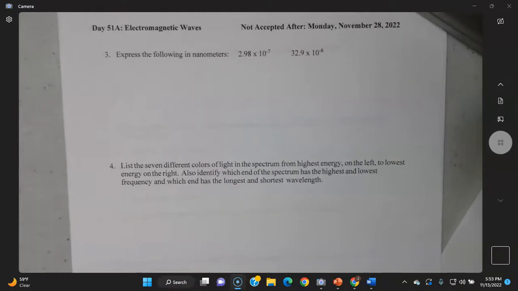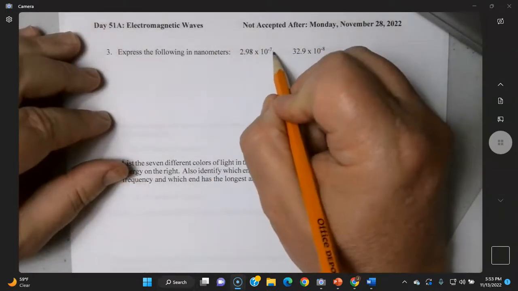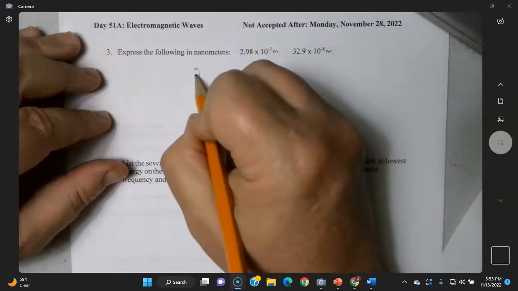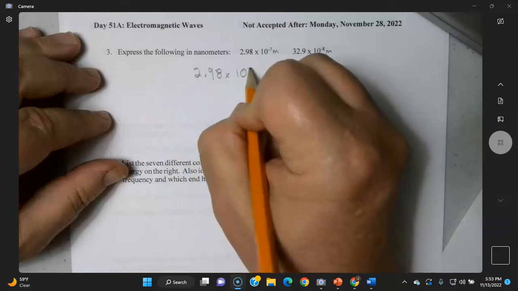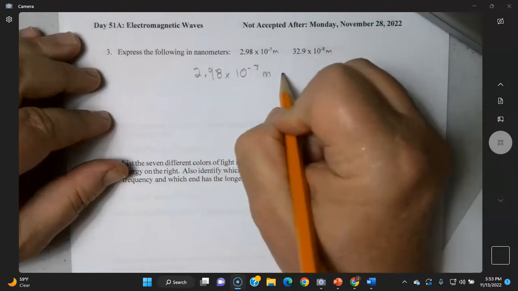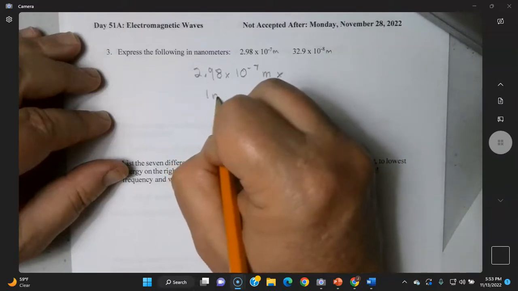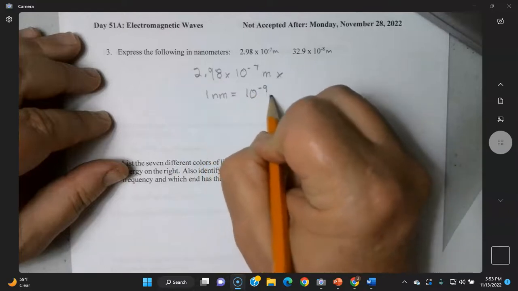Express the following in nanometers. I'll do the first one. So I should have put what the units are here. These are meters. Otherwise, you don't know what to do. So it's 2. We already did some of these just like this. 2.98 times 10 to the minus 7 meters. And there is your equivalency: 1 nanometer equals 10 to the minus 9 meters.